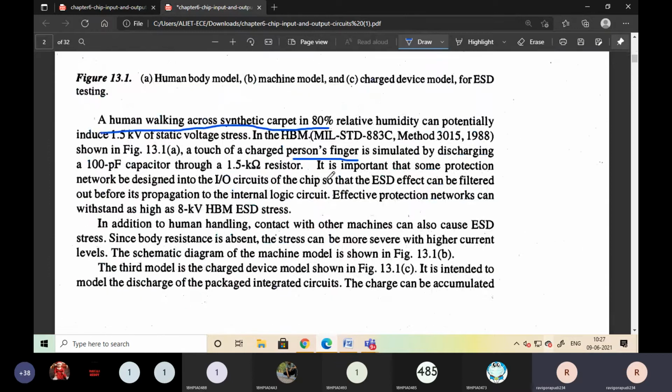Human body interference is shown in figure 13.1. The touch of a charged person's finger is simulated by discharging a 100 picofarad capacitor through a 1.5 kilo ohm resistor. It is important that the input output circuits of the chip be designed so that the ESD effect can be filtered.